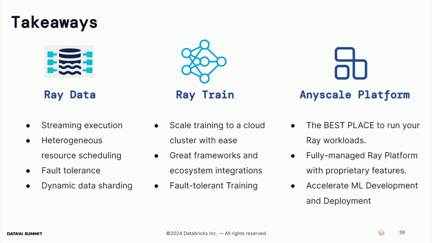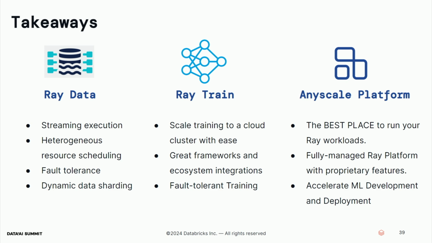And yeah, takeaways. Throughout this large-scale pre-training, we've used the following 3 tools and platforms. The first is Ray Data. Ray Data supports streaming execution, leveraging heterogeneous resources like different GPU types and GPU and CPU to achieve more efficient preprocessing utilization. It also supports fault tolerance and dynamic data sharding that can help you reduce the complexity of developing your training pipeline.